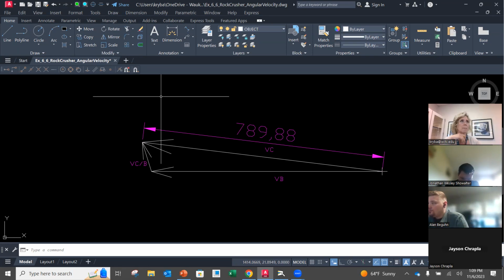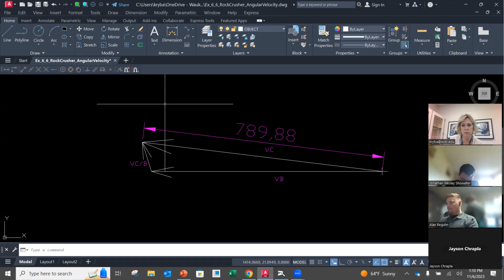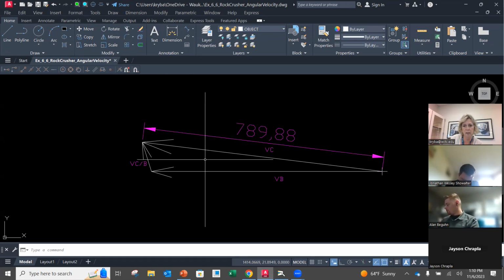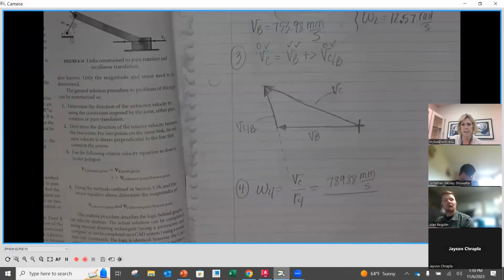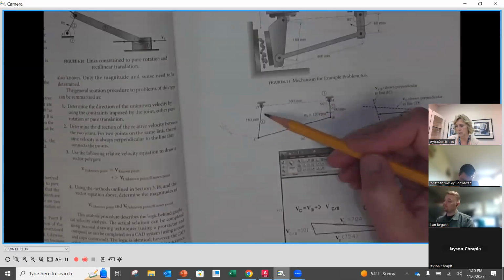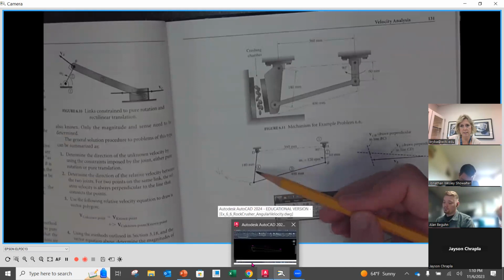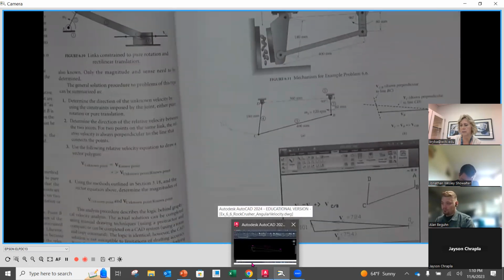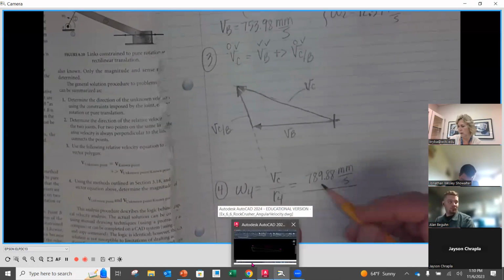Now the metric system, as a part of their standard, will use, instead of a decimal point for its decimals, a comma. So that's why that's there in the number for the dimension. Divided by the radius back to its center of rotation. So now we need to look at the illustration. The illustration said that this is 180 millimeters. That's going to be our R4.